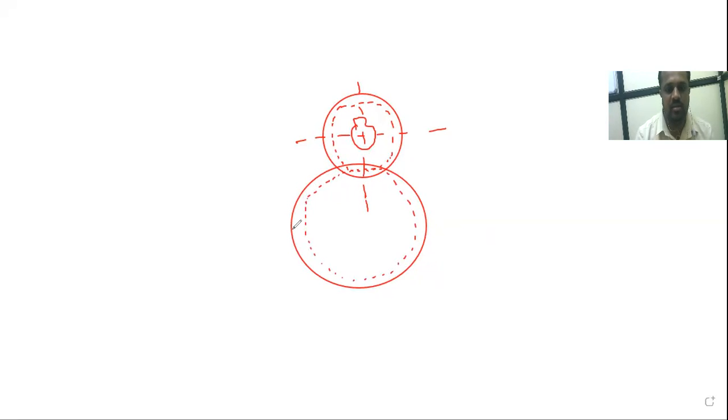This circle, and this is the key location for the shafts.